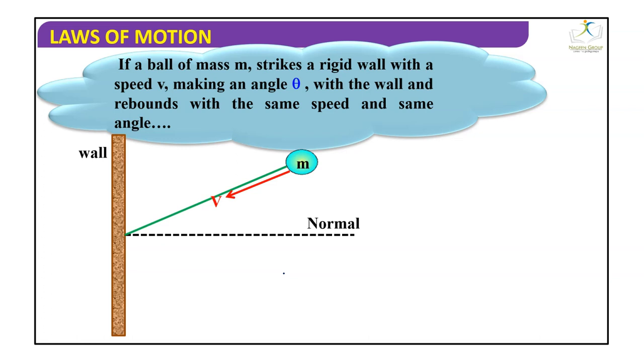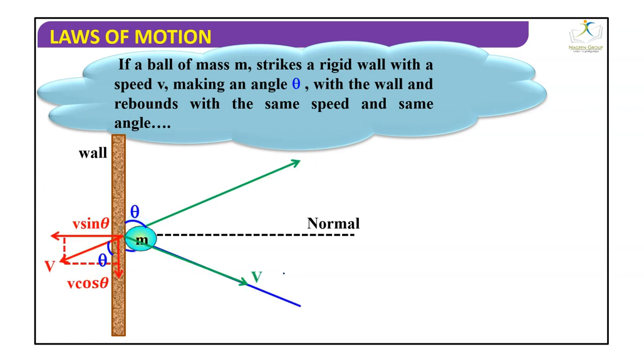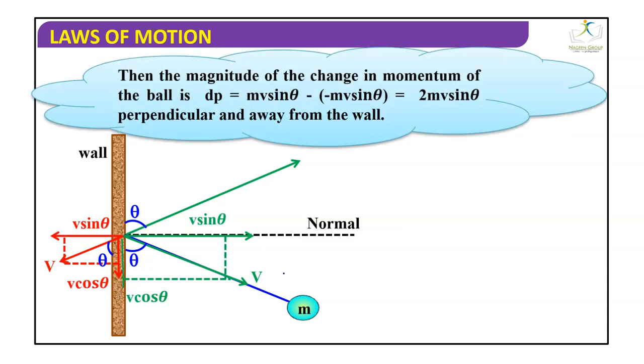Same problem we are taking, but with different scenarios. As you can see in this situation, if a ball of mass m strikes a rigid wall with speed v, making an angle theta with the wall, and rebounds with the same speed at the same angle, what happens?